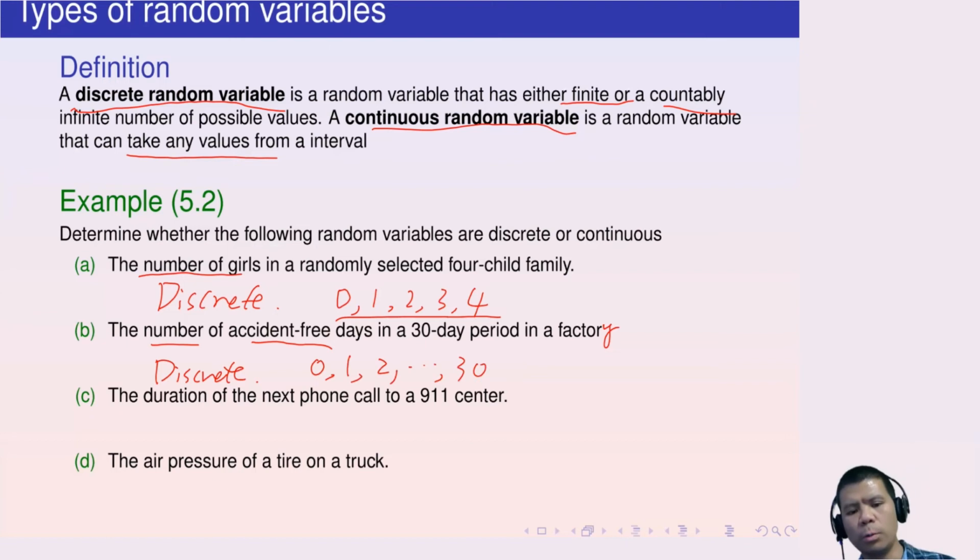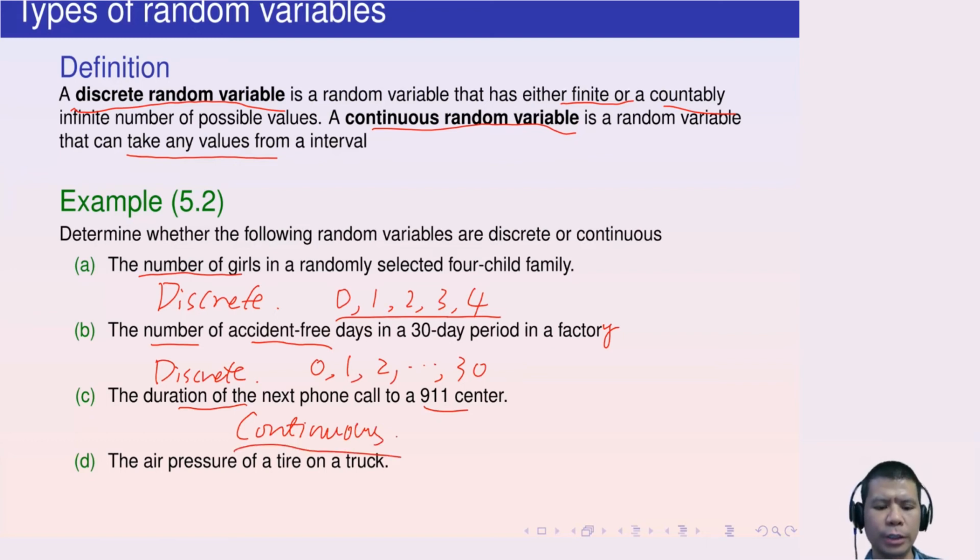So there are 31 possible values. Therefore it's again finite. The duration of a call to 911 is a time, so it can be any value from an interval, so it's continuous. The air pressure of a carrying truck is also continuous, because it can be any value from an interval.